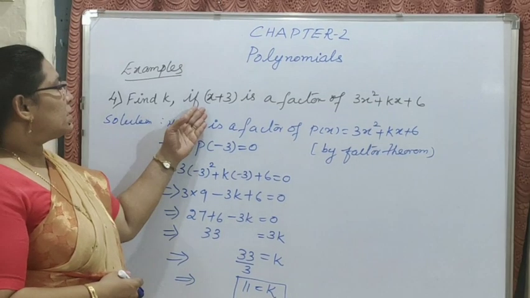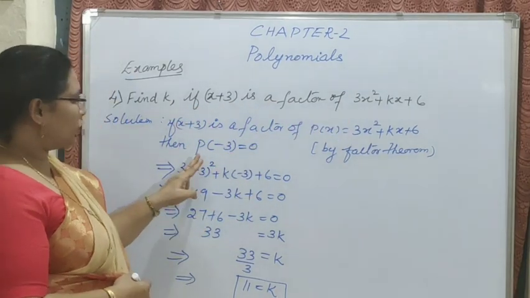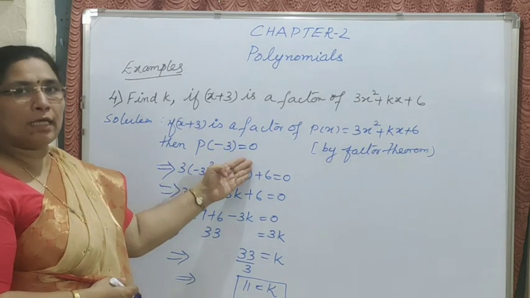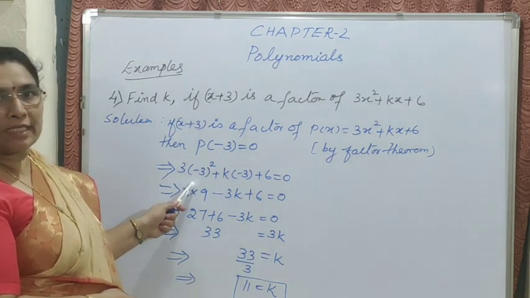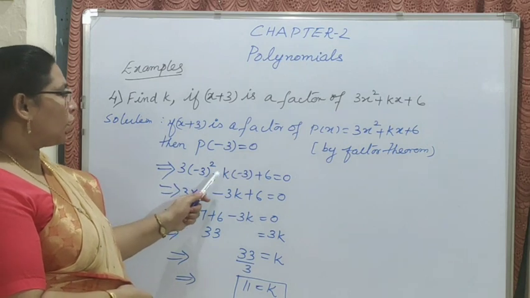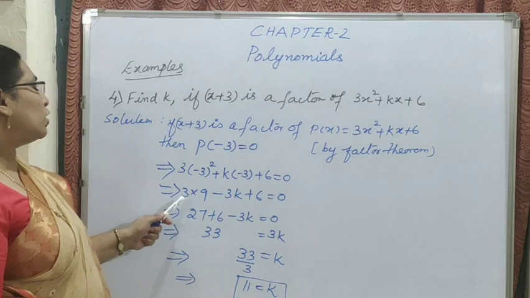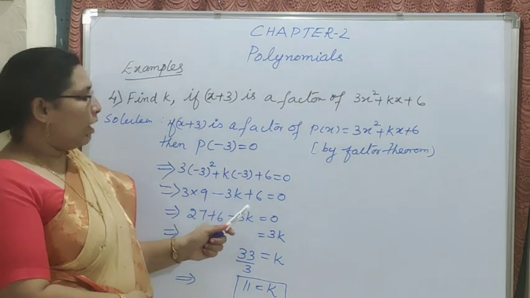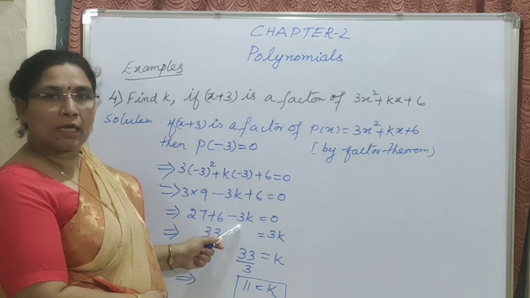So once again I will repeat, x plus 3 is the factor of the given p of x. What we should write? P of minus 3 equal to 0. Then we are substituting x as minus 3. 3 into minus 3 square plus k into minus 3 plus 6 equal to 0. Then 3 into 9 minus 3k plus 6 equal to 0. So 27 plus 6 minus 3k equal to 0.